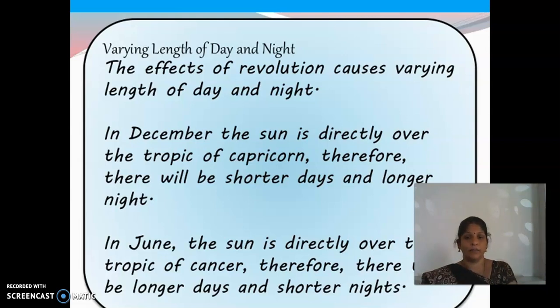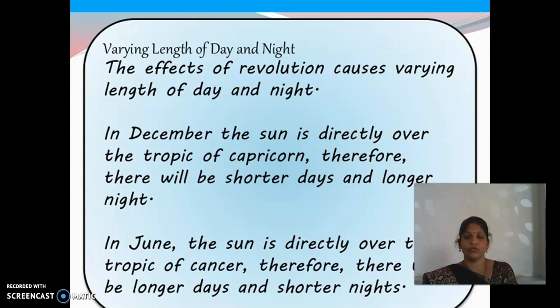Therefore, there will be shorter days and longer nights. In the month of December, Capricorn receives the direct sunlight. So, for us, therefore, we will have shorter days and longer nights.